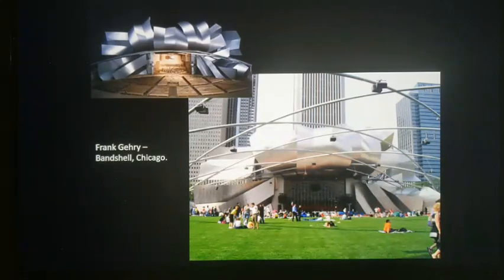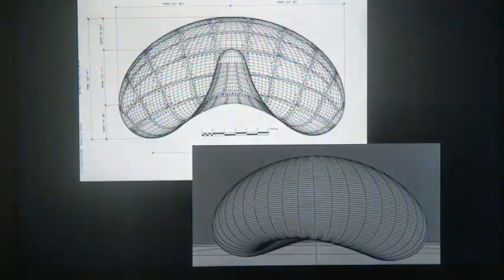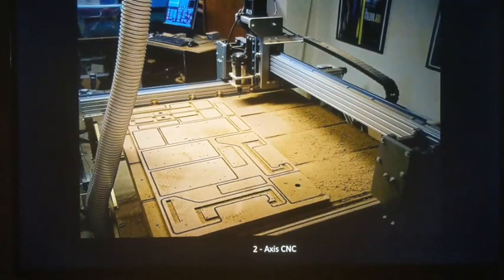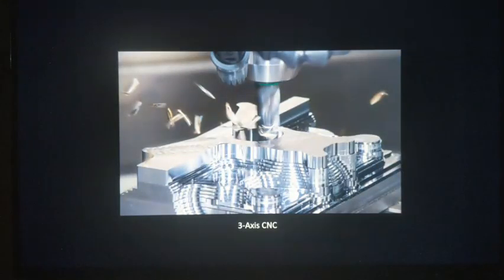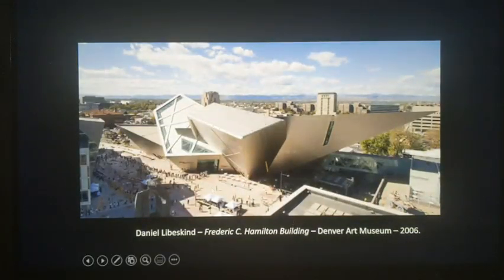If you're ever there, it's right next to the Art Museum, but it's also the park where we looked at Anish Kapoor's Beam, which is also, if you remember, designed digitally in a CAD environment, and then a machine that is controlled by that digital code is cutting out those components that are then put together. So we're using CNC to be able to create architectural forms.